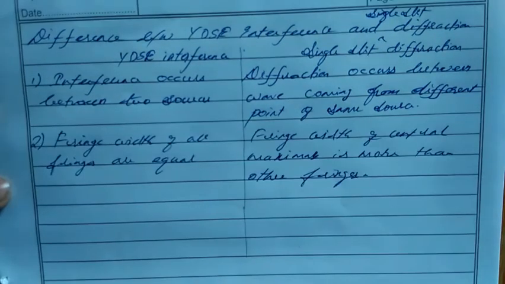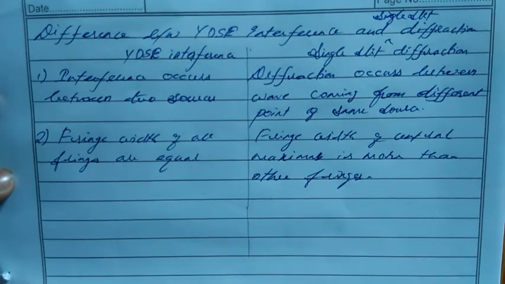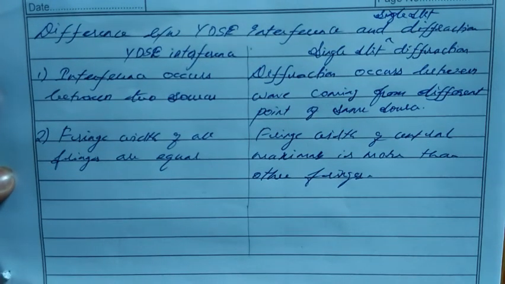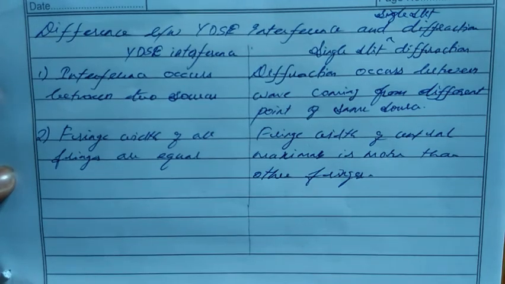Then the second point: the fringe width of all fringes is equal in YDSE, but here the fringe width of the central maxima is more compared with all the other fringes. Correct? For the central maxima it is twice, and for all the other fringes it is half of the central maxima.